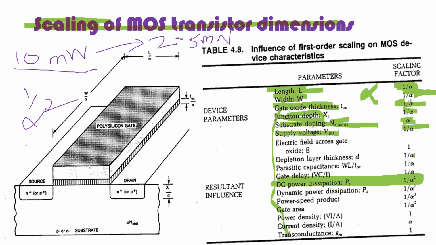Because I am reducing the length by 2, the power will be reduced by 4. That is the meaning of this. DC power dissipation is changing by 1 by alpha raised to 2. I hope you have understood this. Dynamic power also reduces with the same scaling factor. So if I change the length or width, these parameters change accordingly.